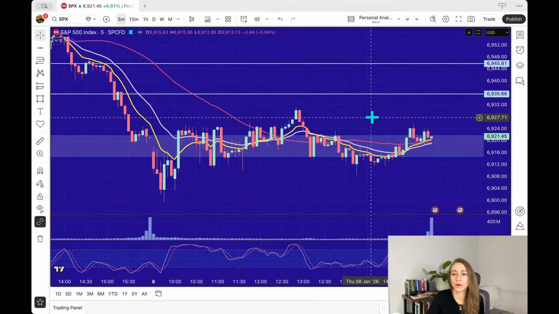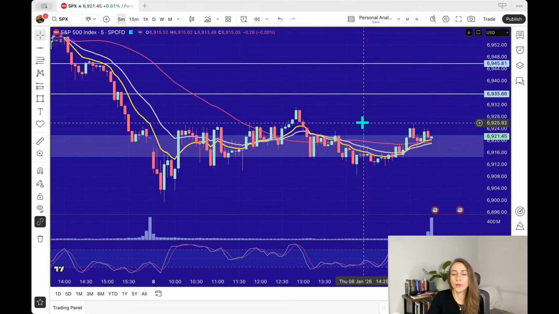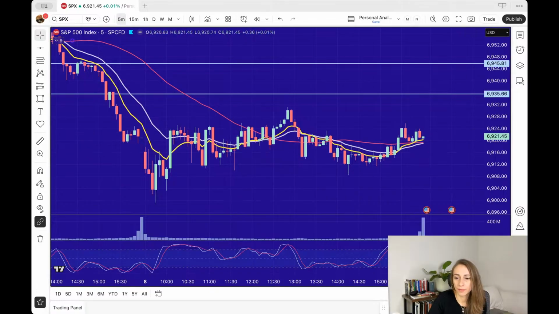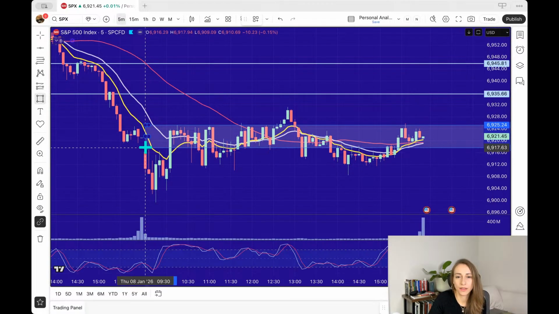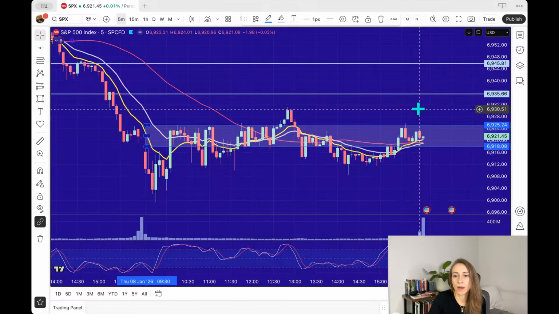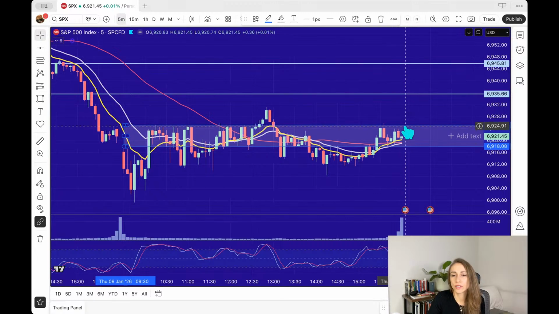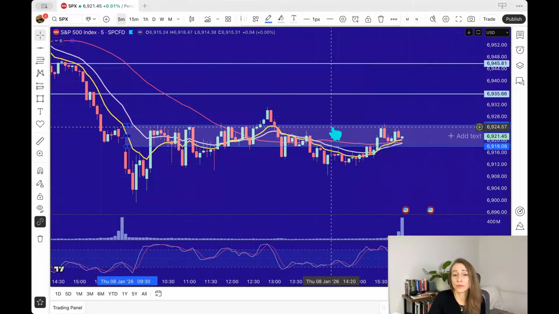We'll see where we land once the market opens. And as you can see, I'm going to go ahead and box in the upper half of this noise. If we pop above it, maybe there will be a retest to the top of this box or to this level here.